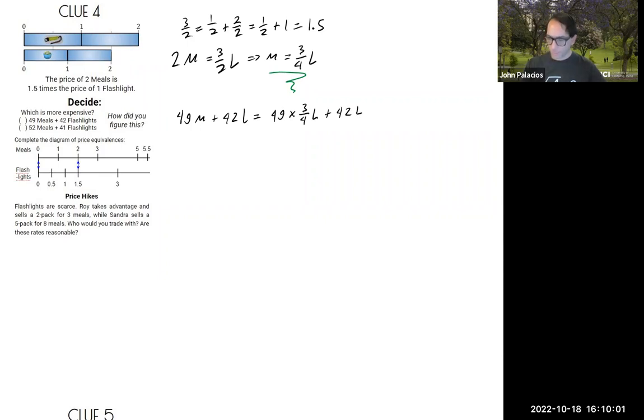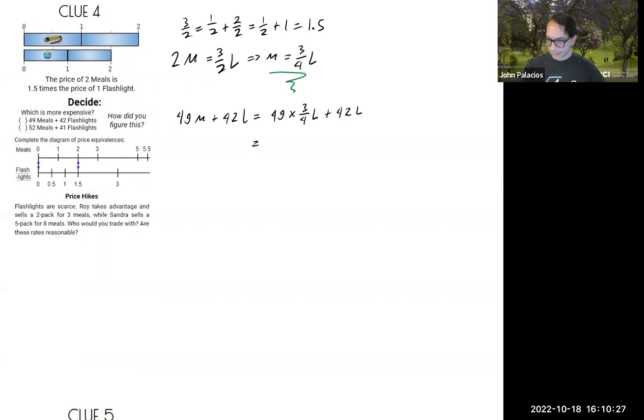So what you might want to do is multiply 42 by 4 and write it as 42 times 4 over 4. So you have a common denominator, and the addition is going to be easier for your students so that they can simplify and come up with a value for the right-hand side here.